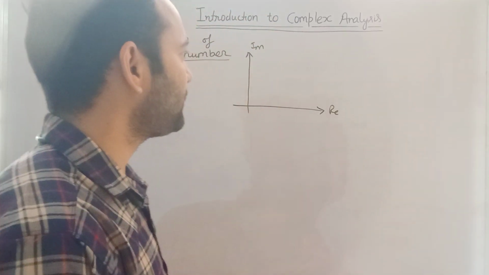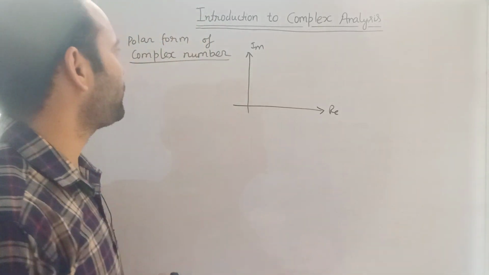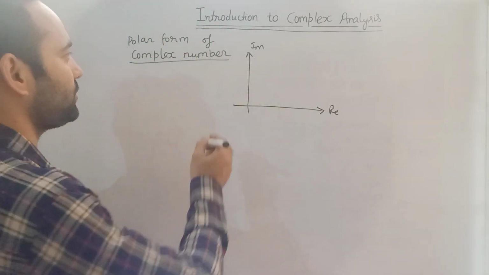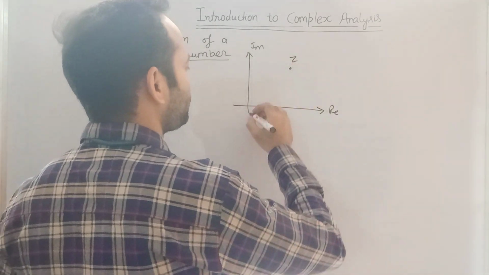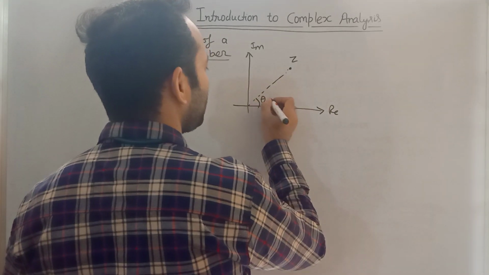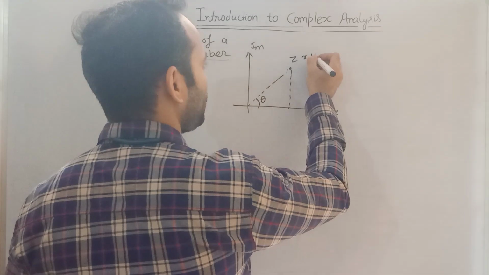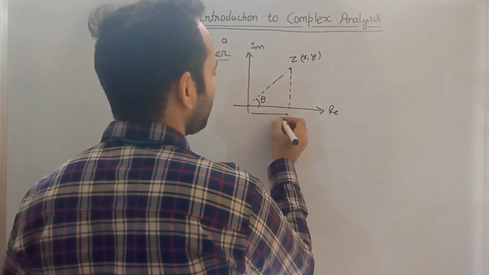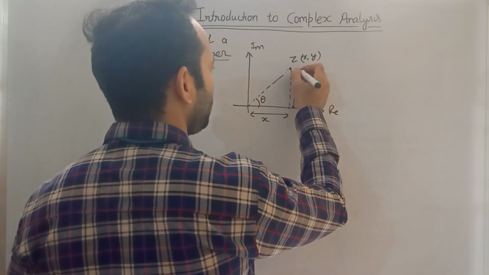Okay, so now we will understand the polar form of a complex number, right? So let's just take a complex number on a complex plane, which is at angle theta. If this is x comma y, you understand, right? This is going to be x and this is going to be y. All right.